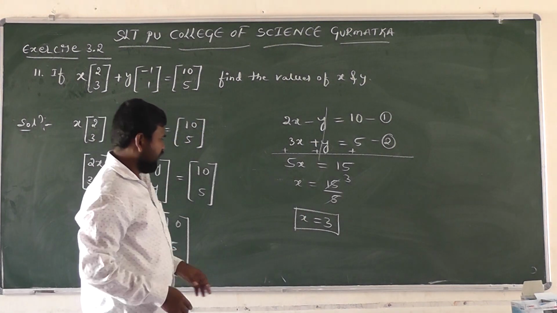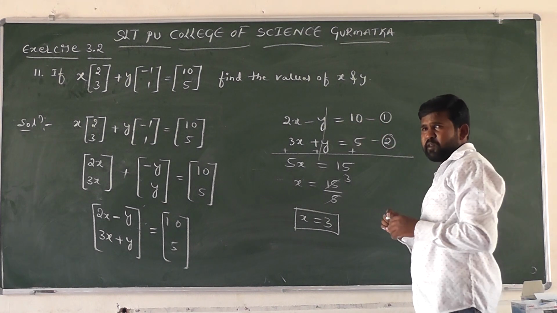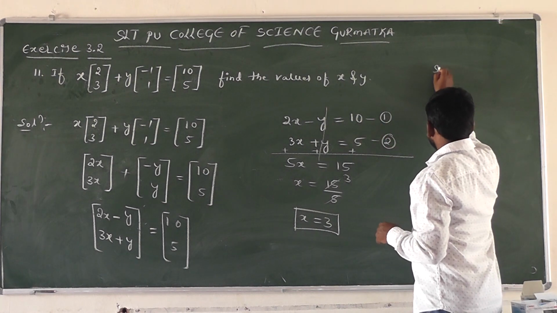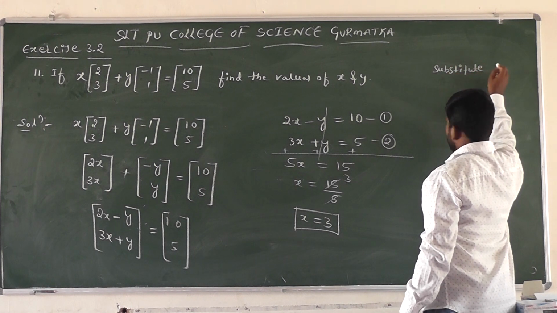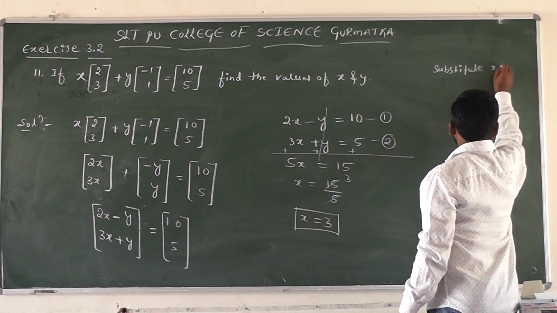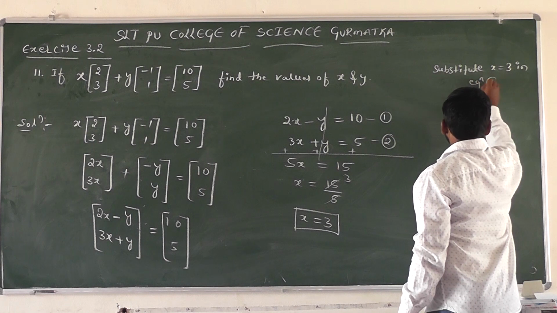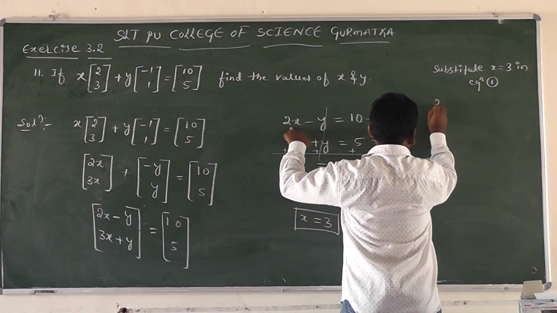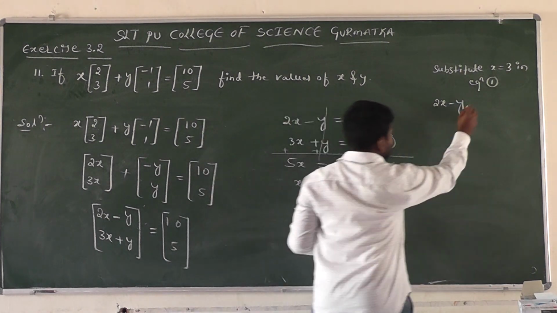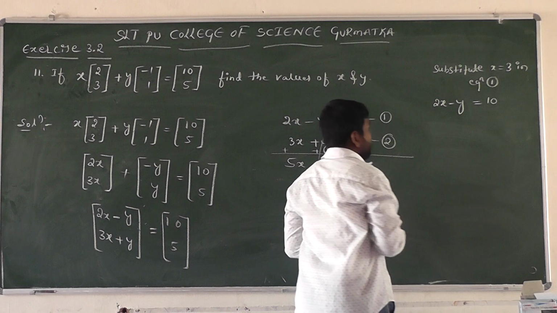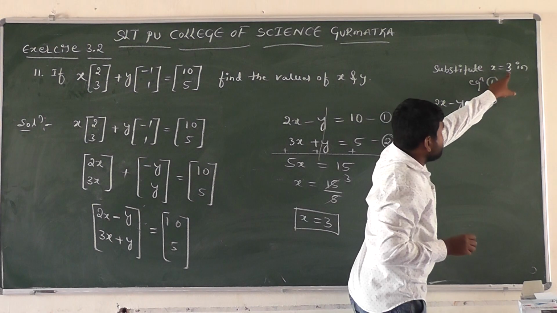Next, x is equal to 3. We have to substitute it in either equation number 1 or equation number 2. Substitute x equal to 3 in equation 1, that is 2x minus y equals 10. What is the x value? 3.